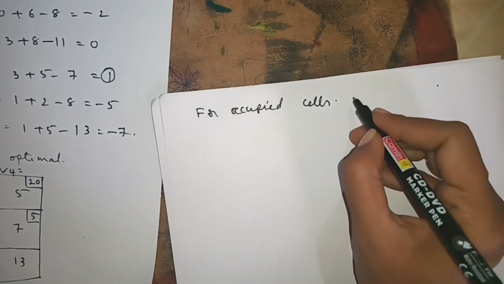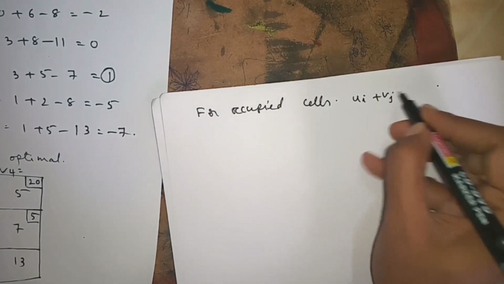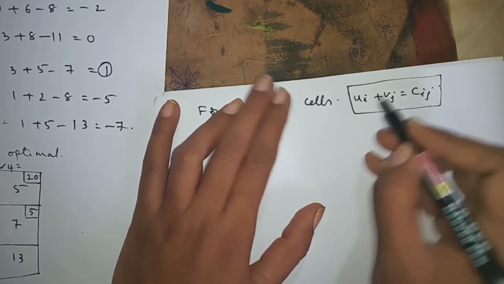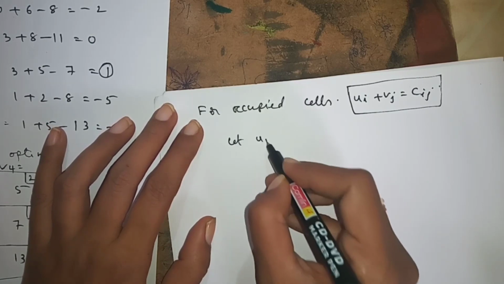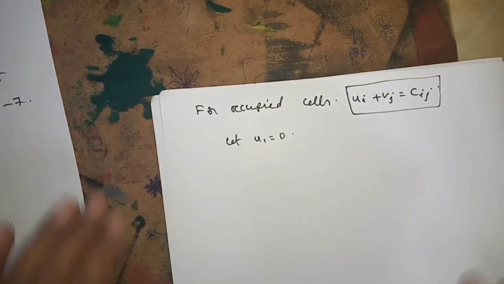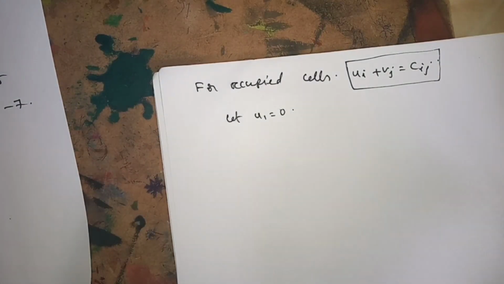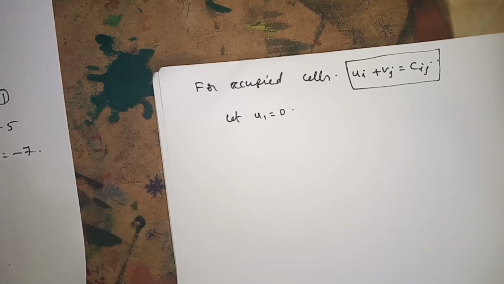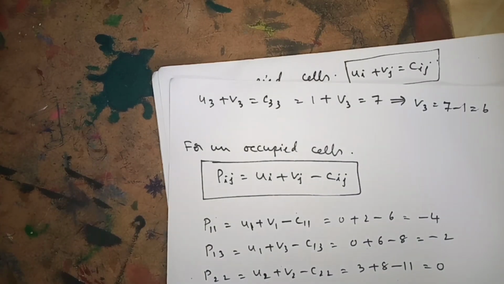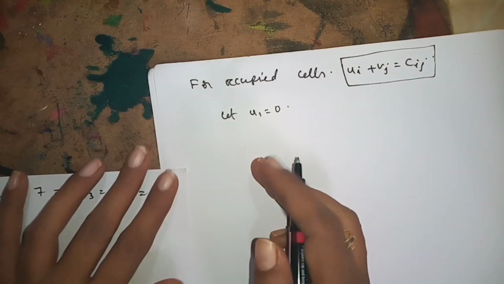the formula is Ui plus Vj is equal to Cij. Now any one value, let us assume that U1 is equal to 0. Any one value we have to take as 0. Let us assume it, to find the remaining values we have to assume. That's why I took U1 is equal to 0, and I will find the rest.